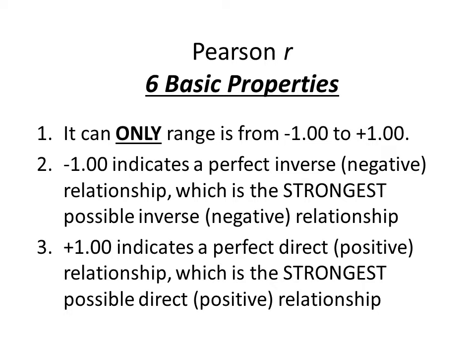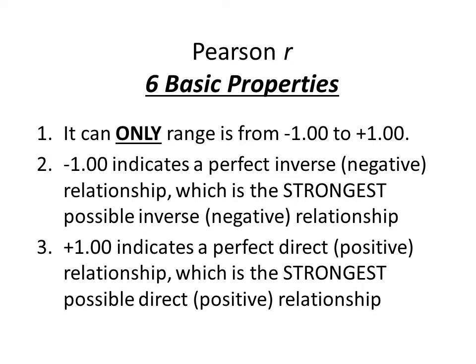Number two, a -1 indicates a perfect inverse or negative relationship, which is the strongest possible inverse or negative relationship there can be. And thirdly, a positive 1.00 indicates a perfect direct or positive relationship, which is the strongest possible direct or positive relationship you can have.